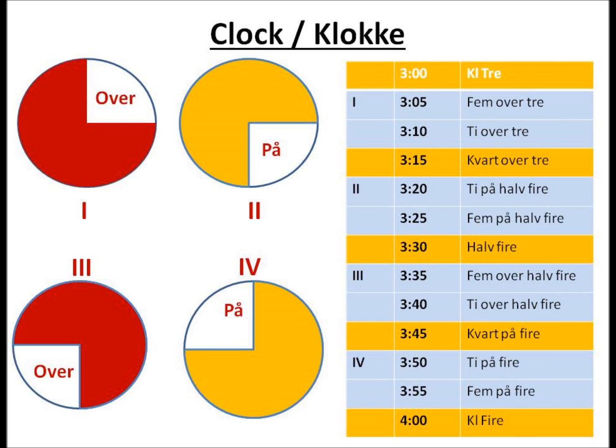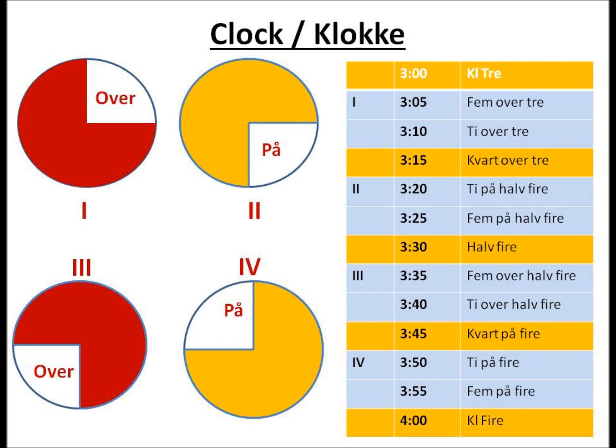The v here is silent. So they are basically saying it's 10 minutes over halv 4, over 3:30. So that means there are 20 minutes left for klokka 4.